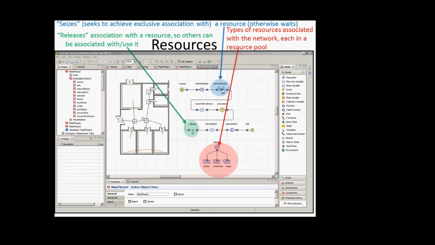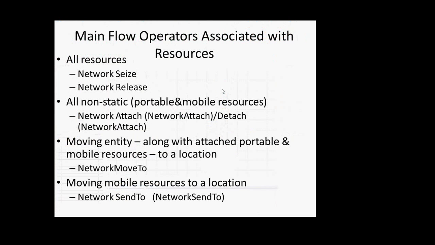So seizing and releasing conceptually is how an agent is going to uniquely reserve a certain resource, okay? And what we'll see is that those are the first two of a number of different kind of verbs, as it were, that we use to describe people's relationship with resources.